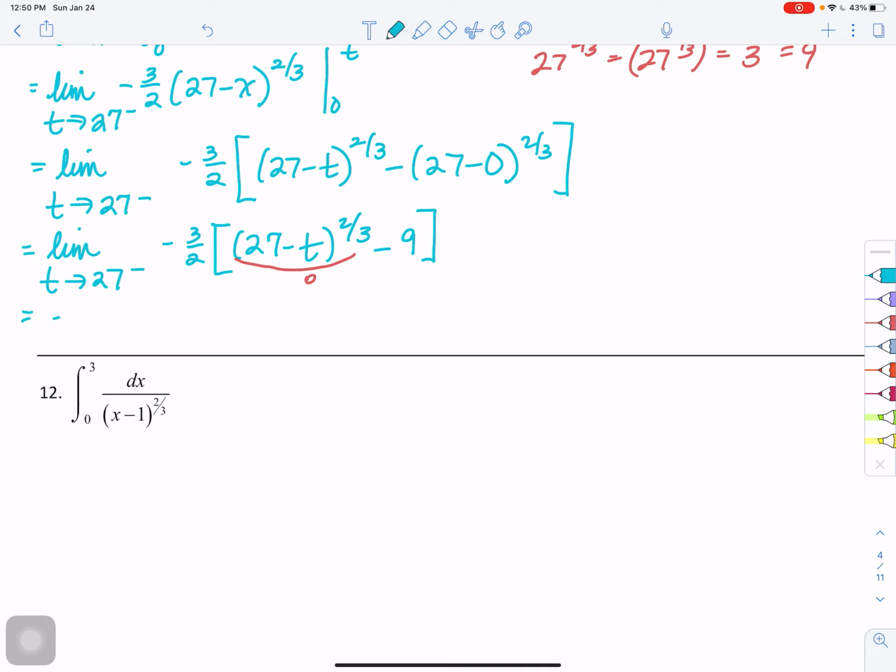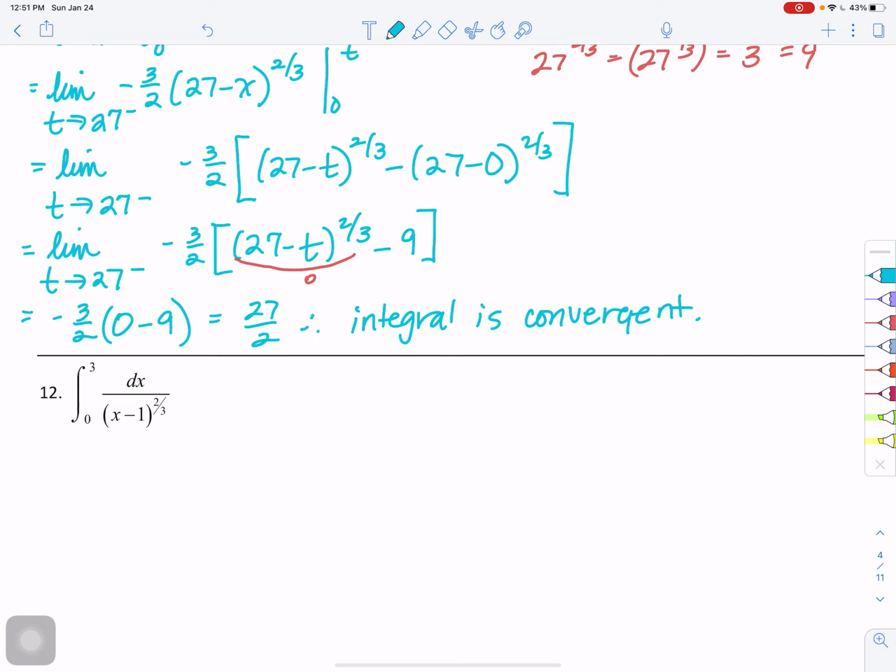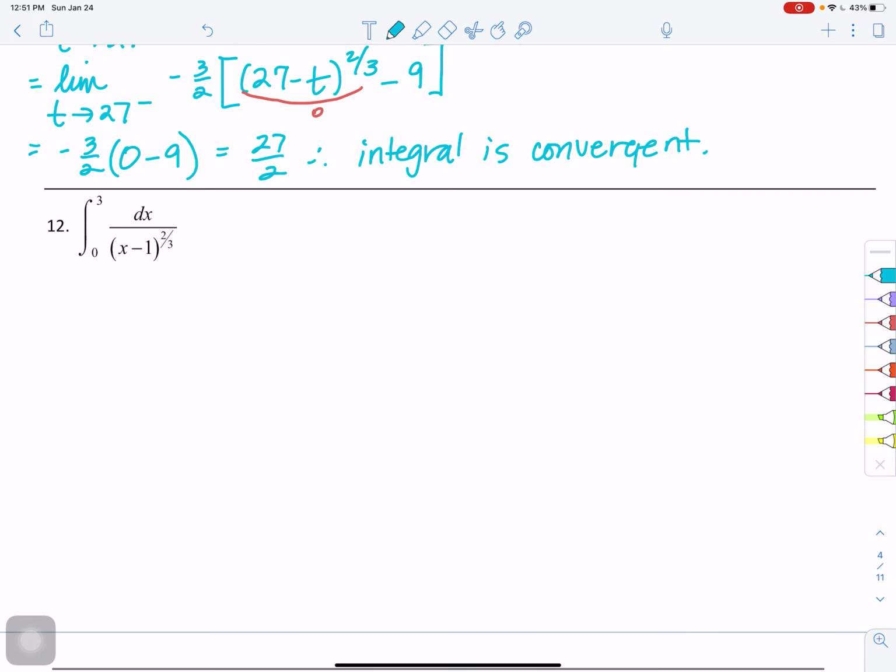So we have a negative 3/2 multiplied by 0 minus 9, and we get a 27/2. Therefore, the integral is convergent. So you can say integral converges, or you can say the integral is convergent. I wanted you to hear it both ways.